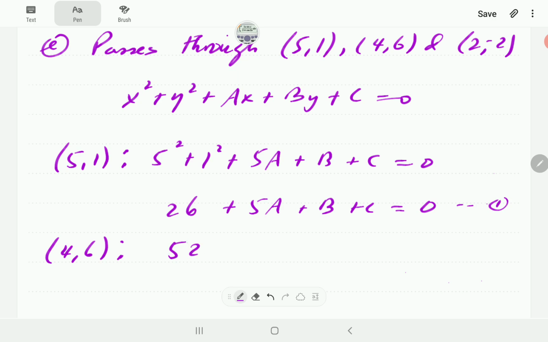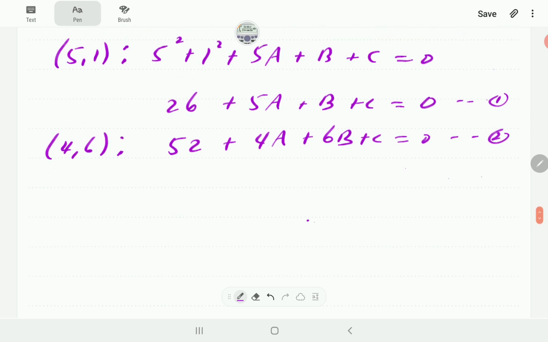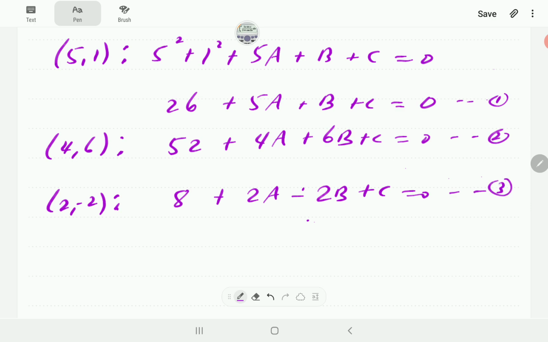So we're going to have 52 plus 4a plus 6b plus c equal to 0. So that's our equation 2. Then lastly we've got 2, minus 2. So in this case 2 squared plus 2 squared is just going to be 8. Okay, then plus 2a minus 2b plus c equals 0. This is equation number 3.